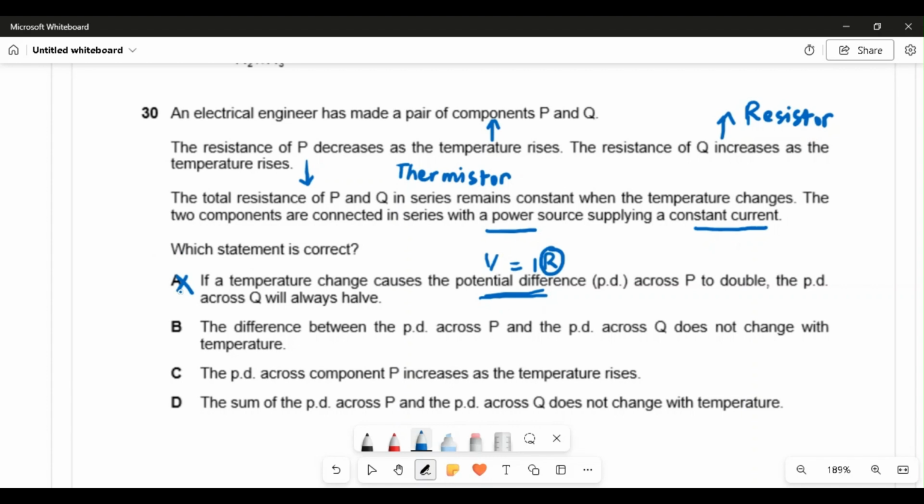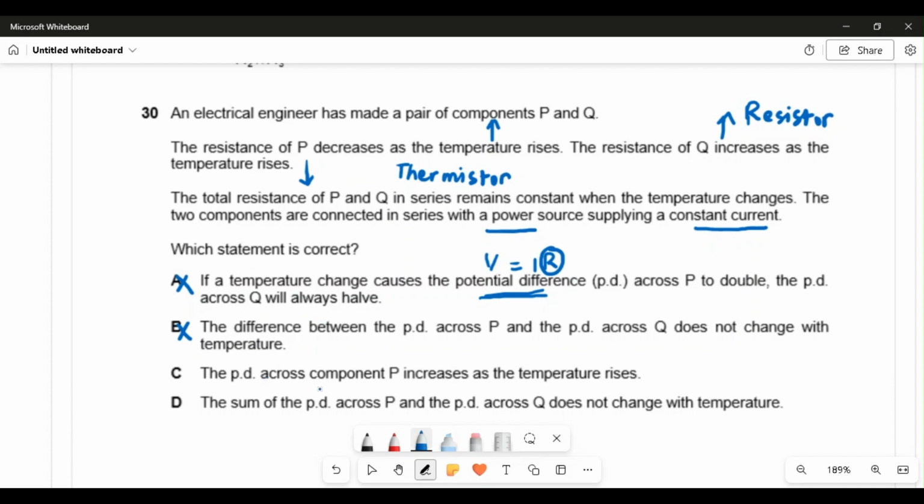The next statement says the potential difference across P and the potential difference across Q do not change with temperature. They do change with temperature, because voltage is affected by both resistance and current.